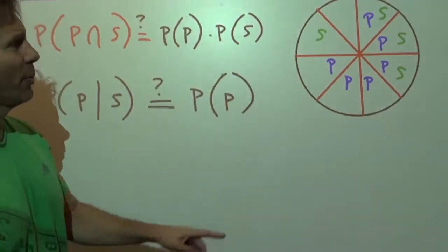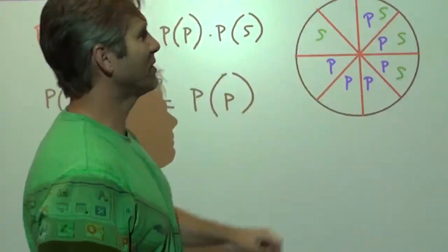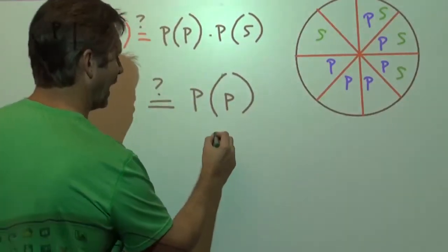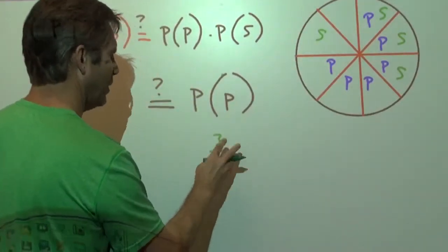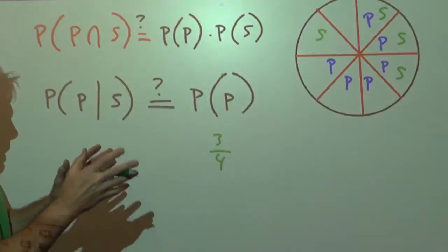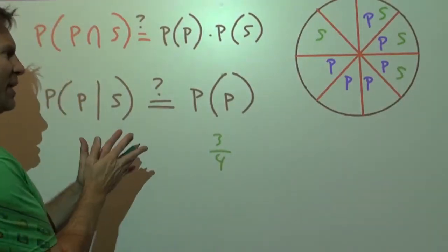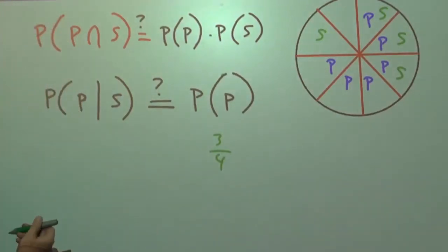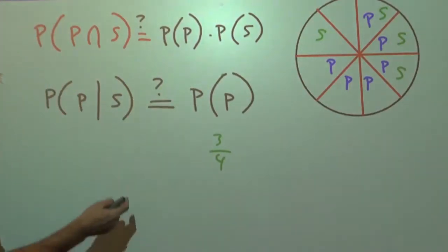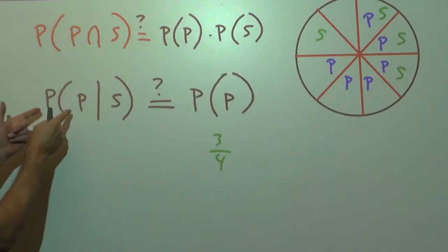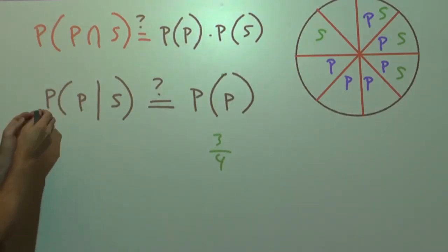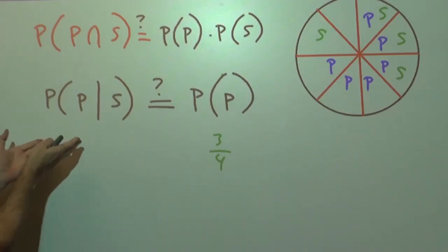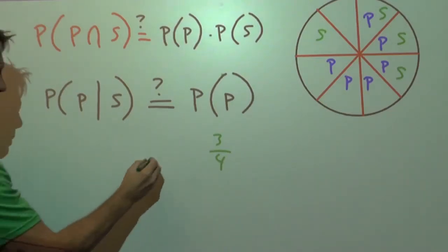There were 6 pieces out of 8 that had pepperoni, so 6/8 is 3/4. If the two events are independent, then this conditional probability, the probability that a piece has pepperoni knowing that it has sausage on it, should also be 3/4.